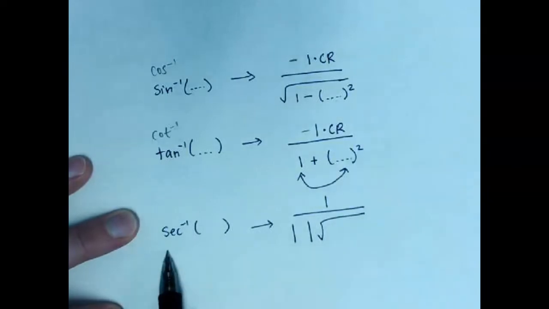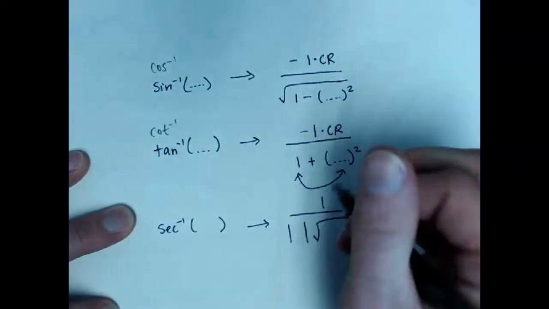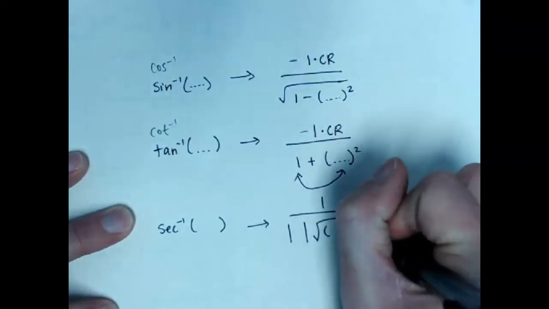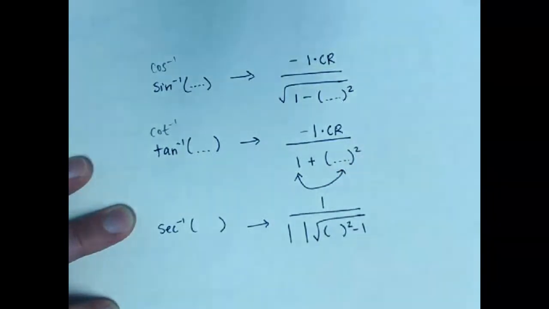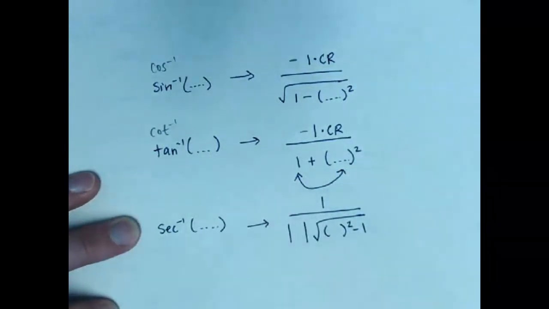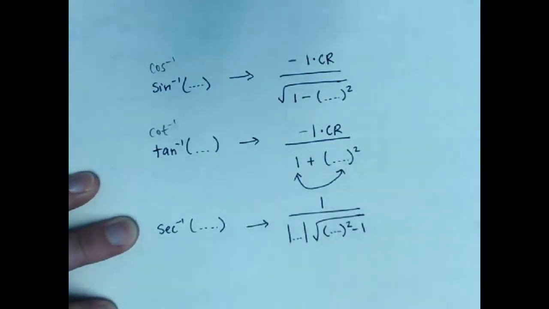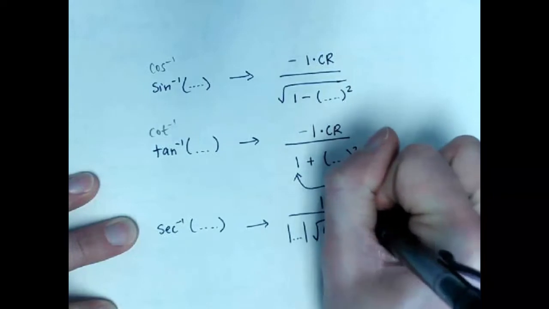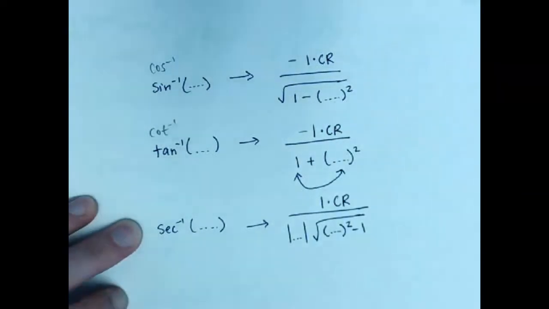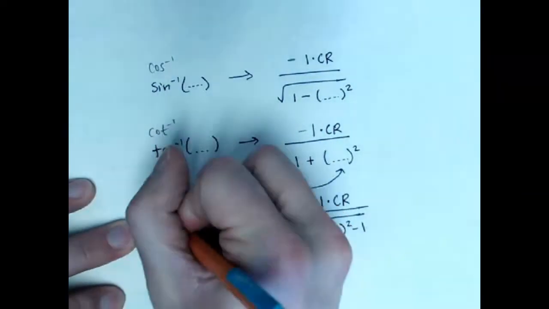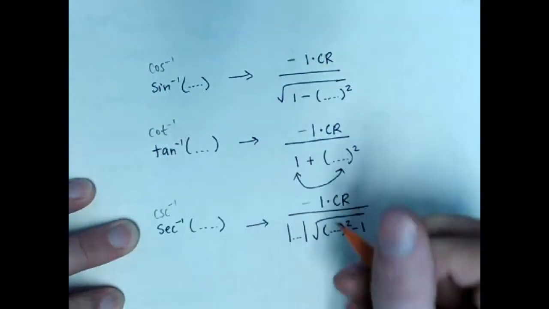For the secant inverse, that order is going to be backwards. It's going to be stuff squared minus 1. And then whatever was inside your secant inverse would copy here and would copy here, and then you would need to do chain rule in all likelihood, and if so, you would just stick that chain rule derivative on the top. And if it was a cosecant inverse instead, remember, all you would need is the negative.